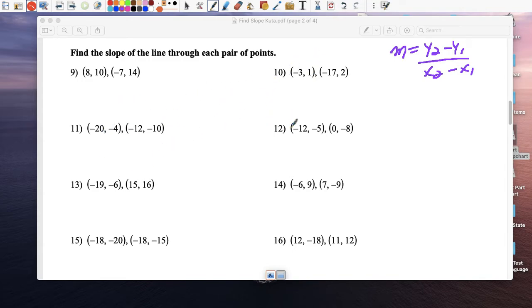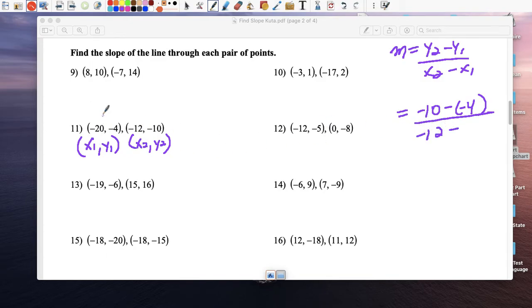Let's just pick a random one, number 11. First, let's assign: let's call this x1, y1, and this one my x2, y2. Now the difference in y value is y2 minus y1, which gives me -10 minus -4. The difference in x value is x2, which is -12, minus x1, which is -20.